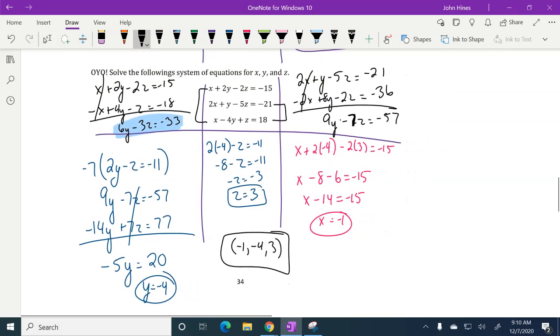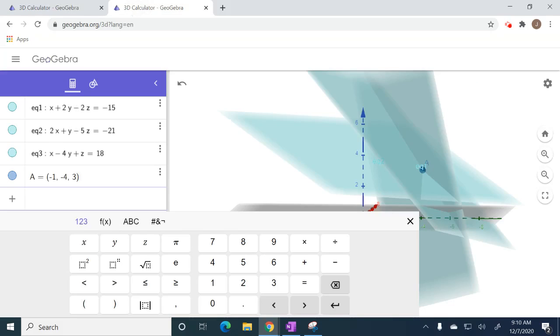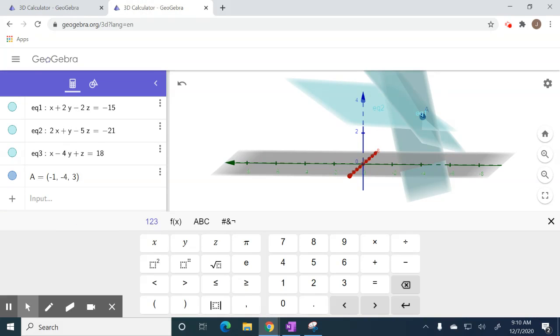These 3 planes intersect at that point, which I have here for us. If it's going to load. Oh no, it's cranky. Oh, there we go. These 3 planes intersect at that nice point right there.